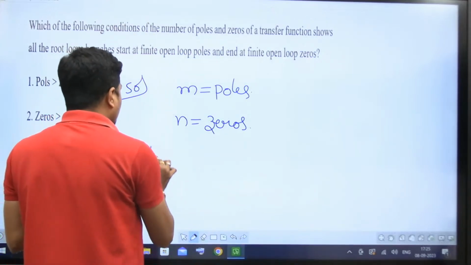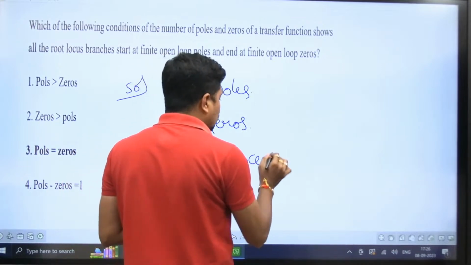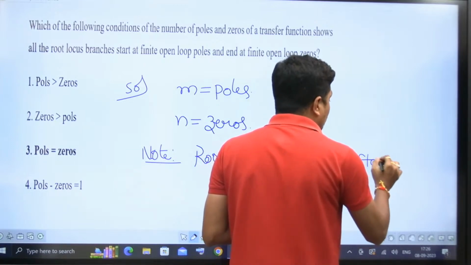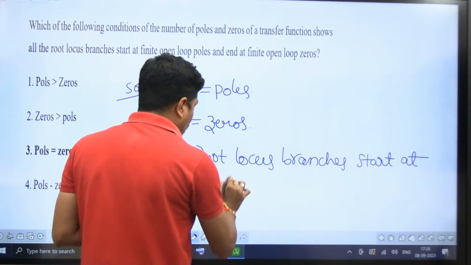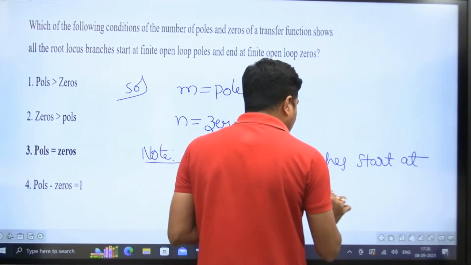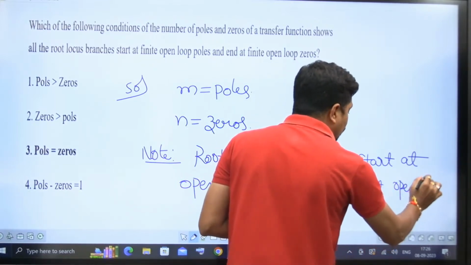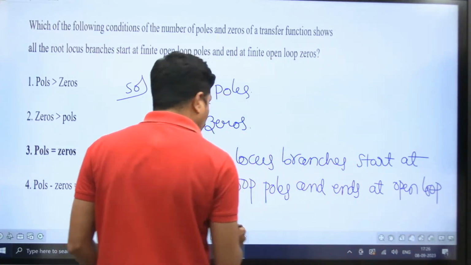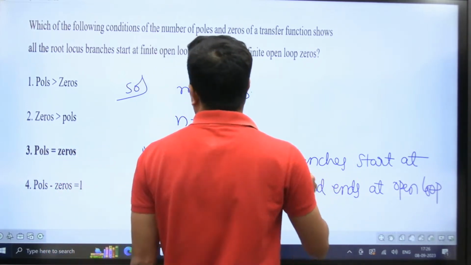The note point here is root locus branches start at open loop poles and end at open loop zeros. Clear?